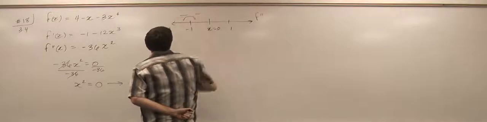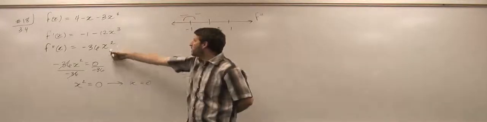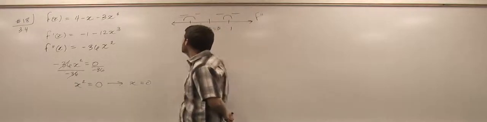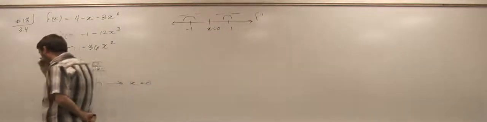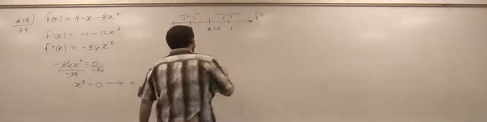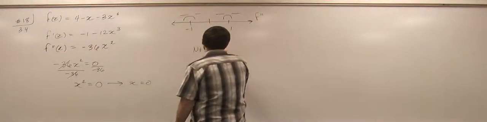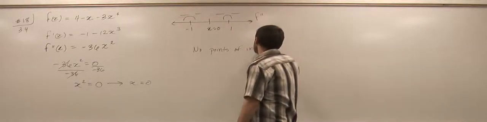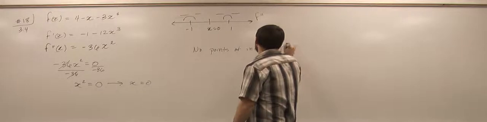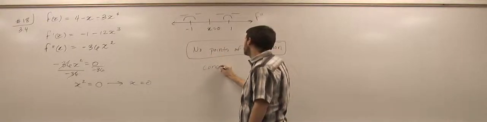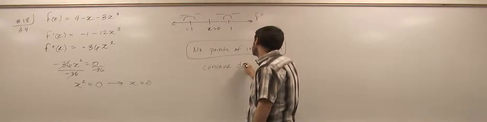So we're concave down here. And then when you plug in positive 1, you get negative again. So you're concave down on the other side. So are there any points of inflection here? No, because you never change from concave up to concave down or vice versa. And then as far as concavity, you're concave down always.